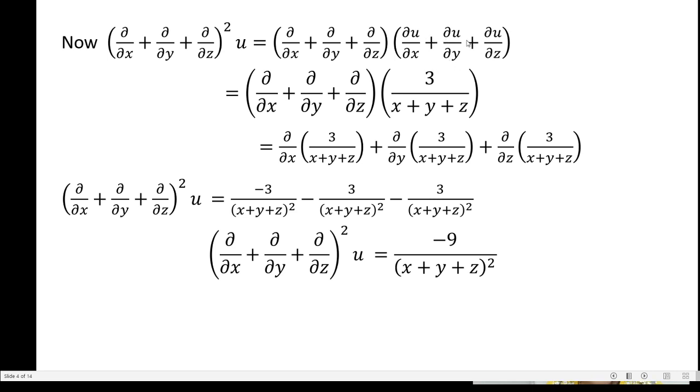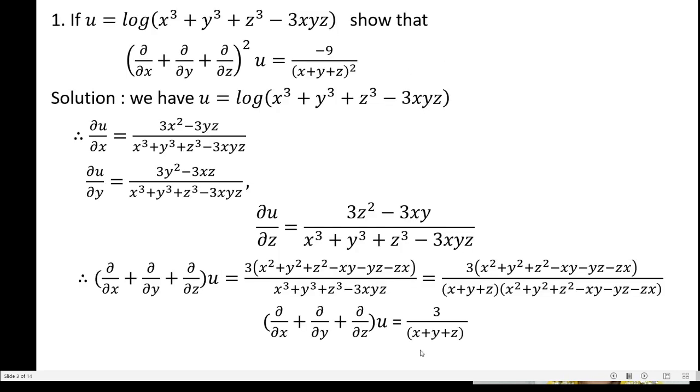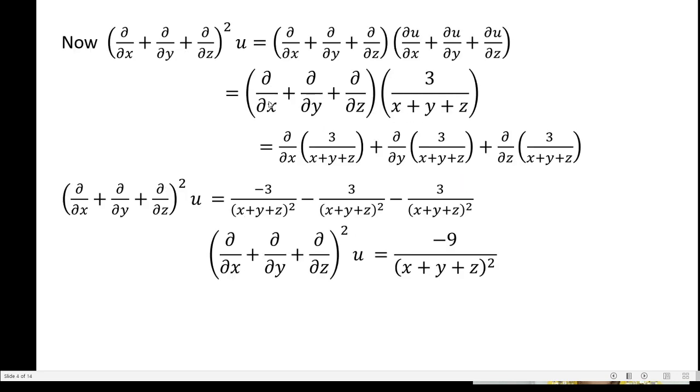Del u by del x plus del u by del y plus del u by del z can be written as what? 3 divided by x plus y plus z, right? And operate the differential operator: del by del x of 3 divided by x plus y plus z, plus del by del y of 3 divided by x plus y plus z, plus del by del z of 3 divided by x plus y plus z.